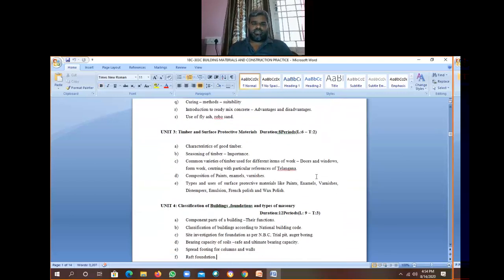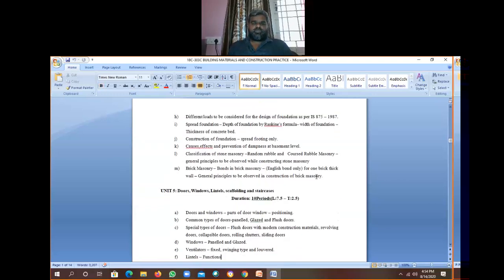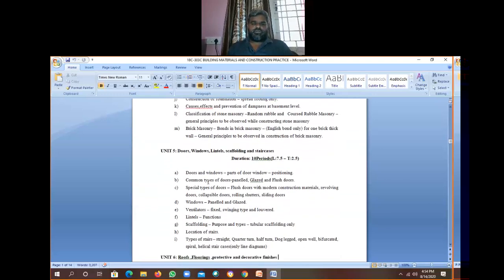Let's see the syllabus. So we have finished the doors and the windows parts and the positioning, common types of doors and windows. The special types of doors also we finished, and windows. Ventilators are left, and we will complete lintels also. And scaffolding, staircases will be covered in the next class.